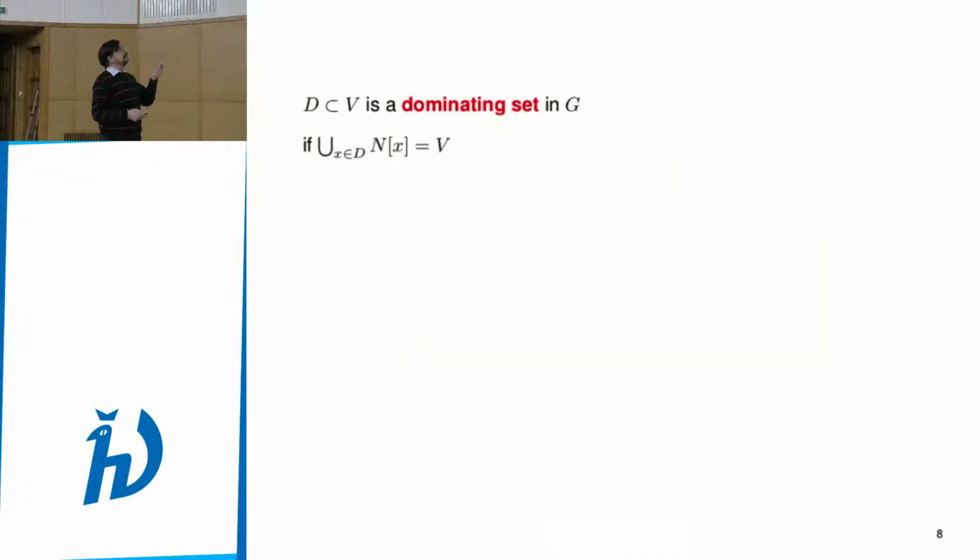And we call D, which is a subset of the vertices, a dominating set in G if the union of these closed neighborhoods of the vertices in D gives all the vertices, the total set of vertices.